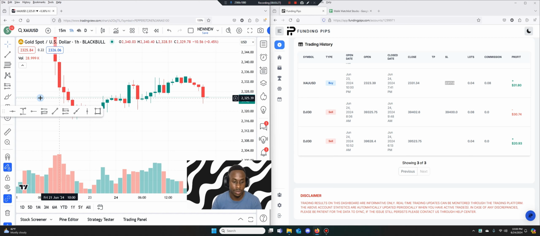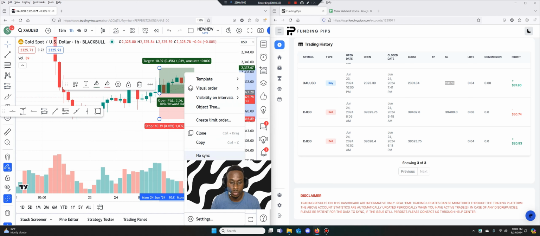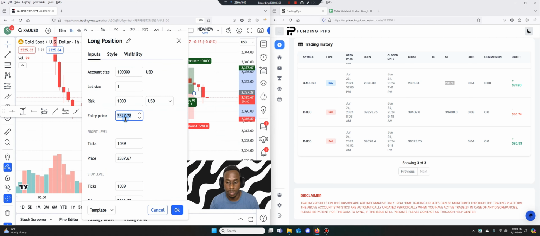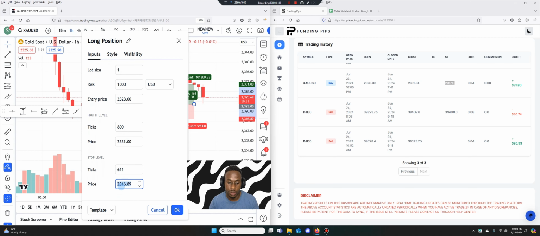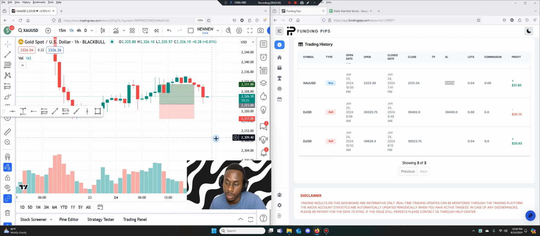So the entry was at 2323, I took profit at 2331, and my stop loss was at 2317. You can see it was a 1 to 1.3, and I took some profits off the table.